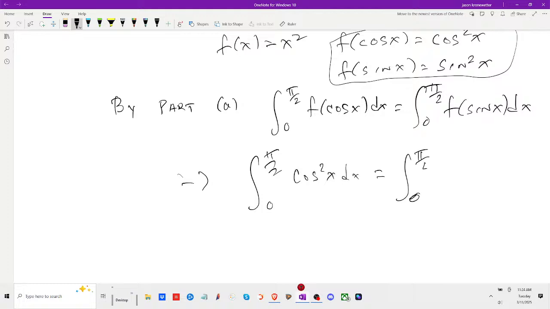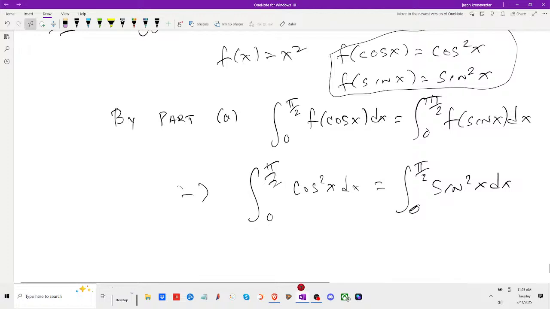So these two things are equal, and that's what we want to compute, but they're equal, right?